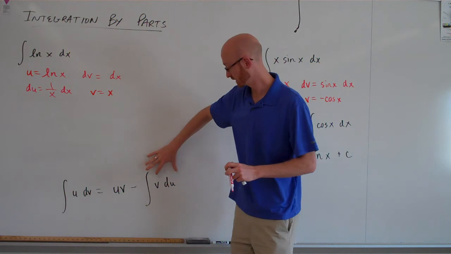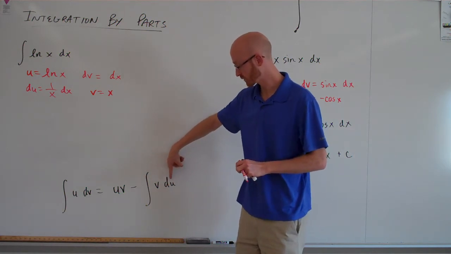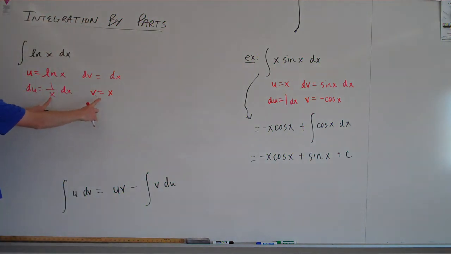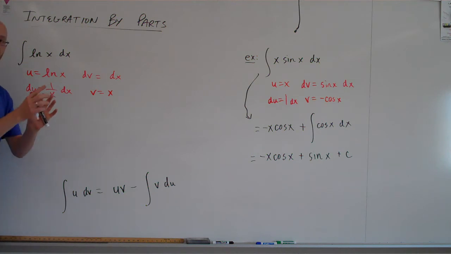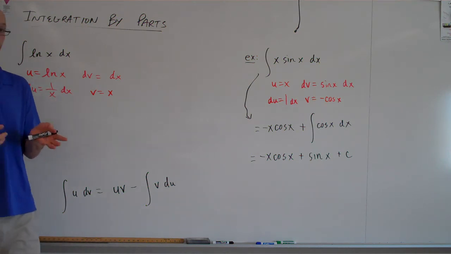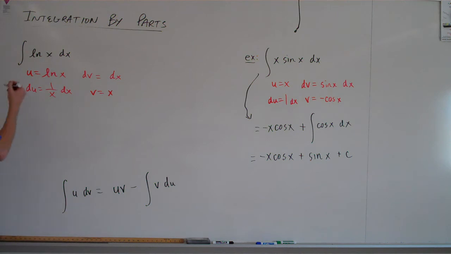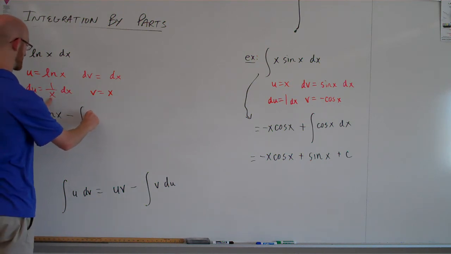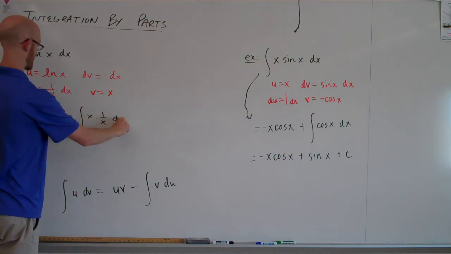I wanted to remember to keep our eyes on the prize here with v du. If you multiply v times du, the x in 1 over x will become a very simple integral. So let's see that right now. Again, this integral is now, via integration by parts, equal to u times v, so that's x natural log x, minus the integral of v du, so that's x times 1 over x dx.